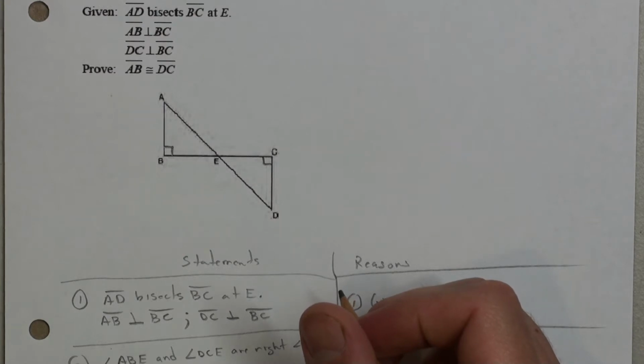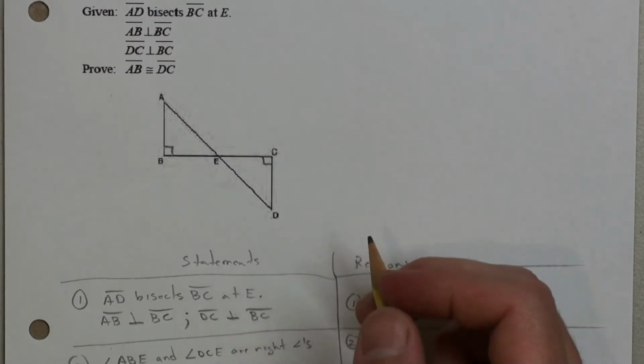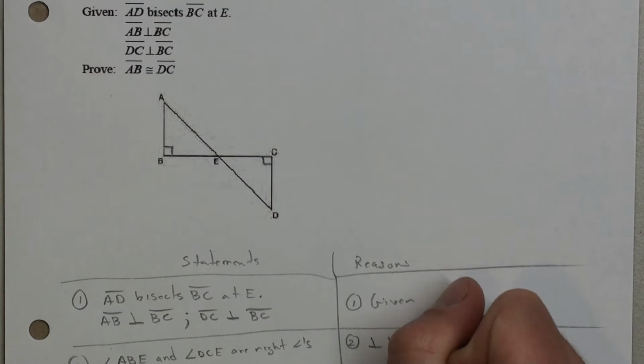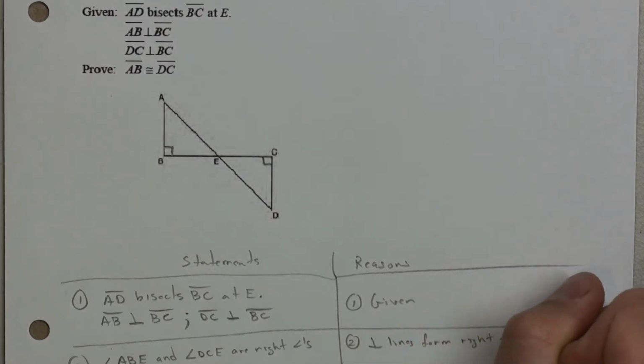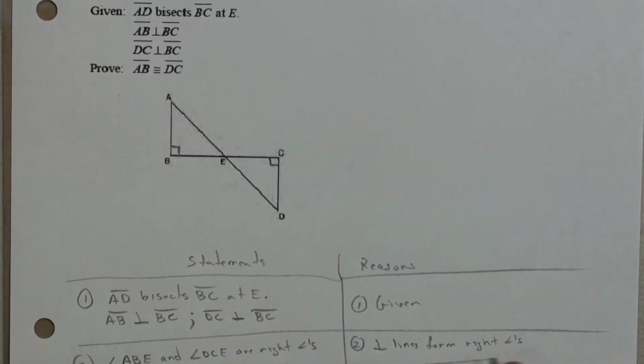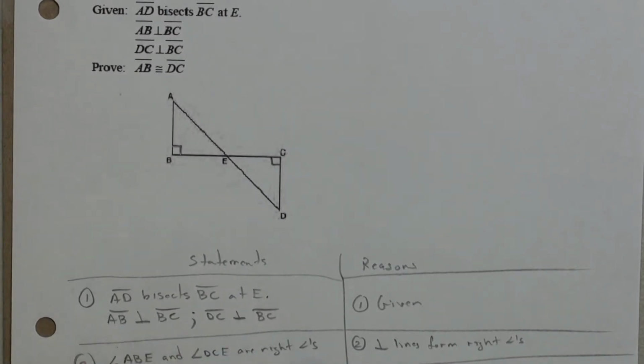And that would be because perpendicular lines form right angles. Okay. Choice 3.